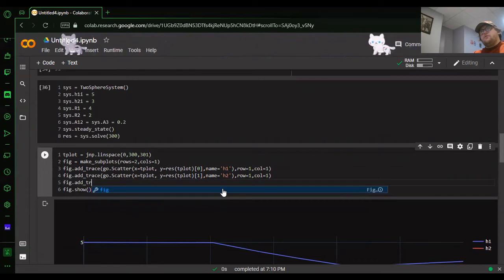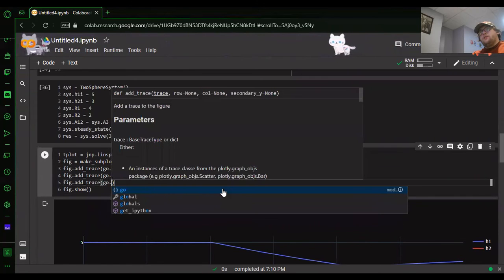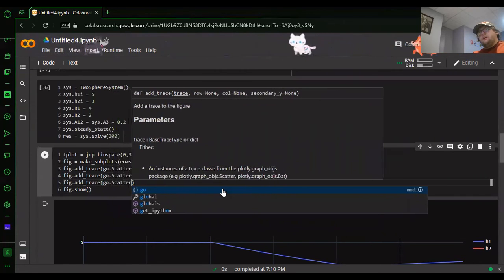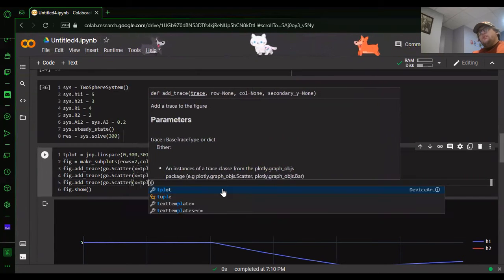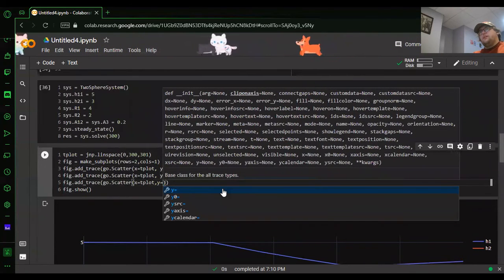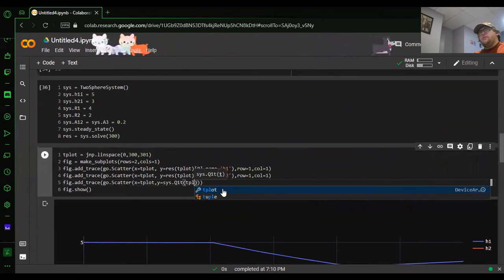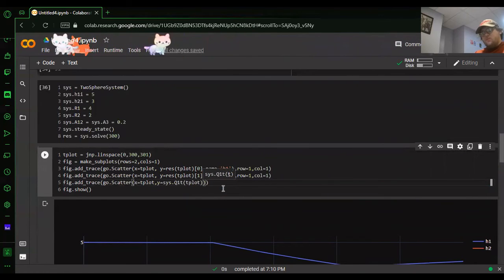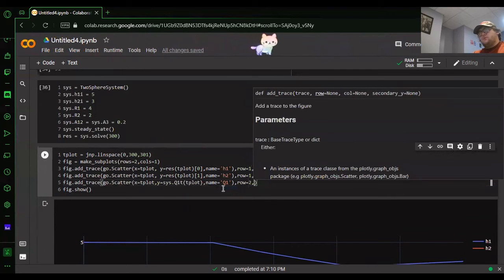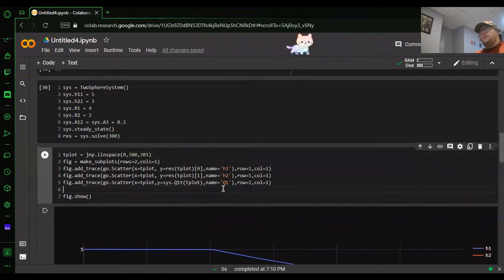Fig dot add trace dot scatter, x is t plot, y equal to sys dot q1t t plot, and we're going to name this one Q1. I'm going to put this on the second row, first column, and then we're also going to add Q2 onto that same graph.